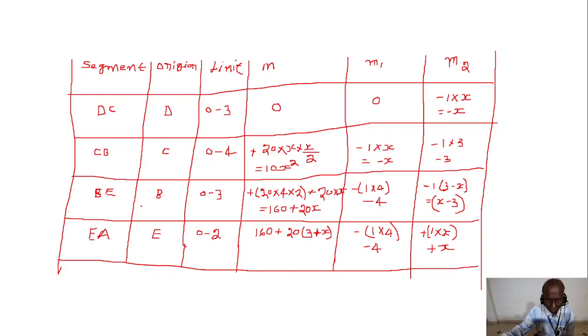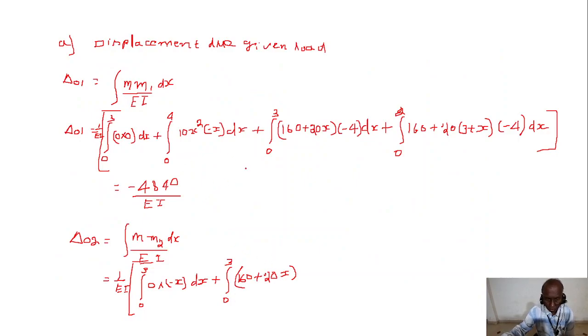Sorry, the segment BE. Okay, this is the segment B, 120 plus 20x, x minus 3, into dx, plus the segment BC, integration 0 to 4.